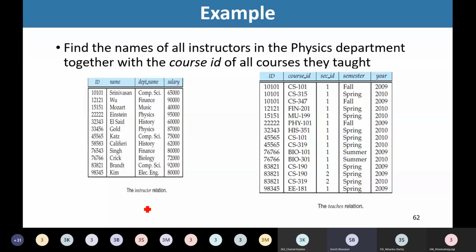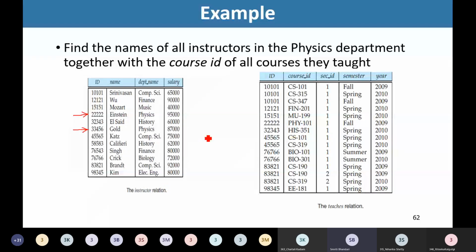Now, by looking at these two relations, it is possible for us to extract the information manually. How are we going to think about what we want? We want to locate the instructors from the physics department, and that data is available in my instructor relation.